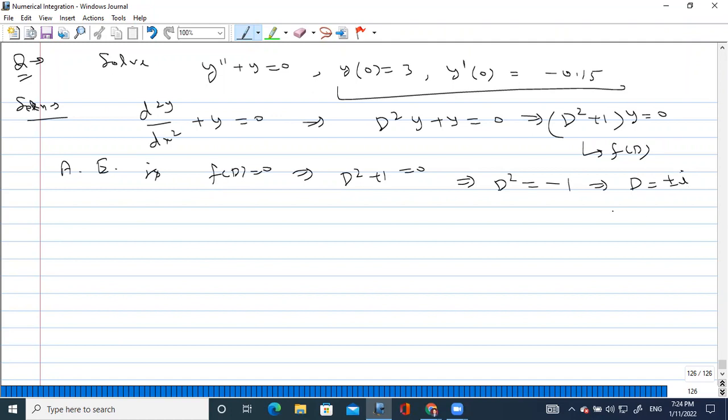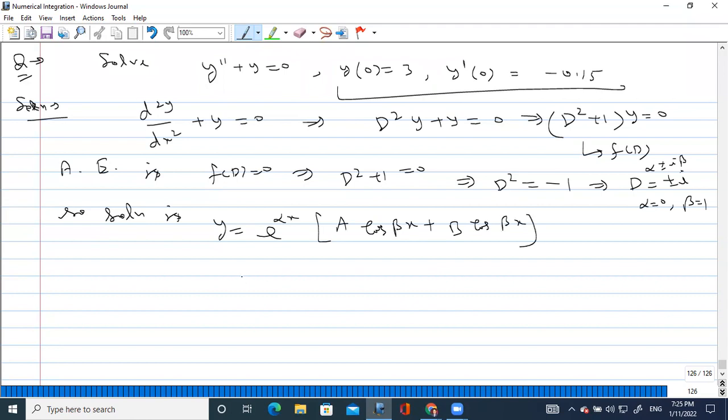And I told you that it is alpha plus minus i beta. Alpha value will be 0, beta value will be 1. So what will be my solution? y equal to e to the power alpha x (a cos beta x plus b sin beta x).